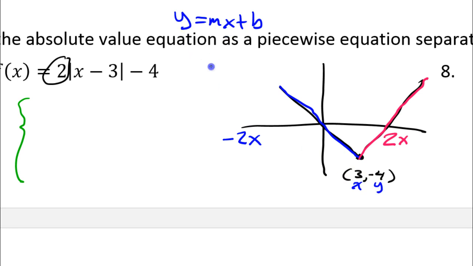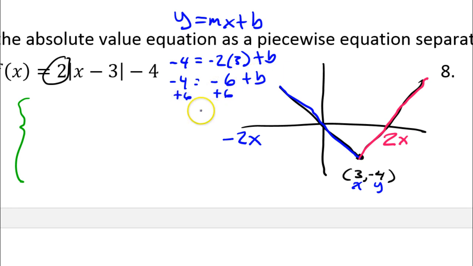So y equals mx plus b becomes -4 equals -2, x is 3 plus b. So that's -4 equals -6 plus b. Add 6 to both sides. So that gives me b is equal to 2. So that makes this -2x plus 2. So there's my -2x plus 2.